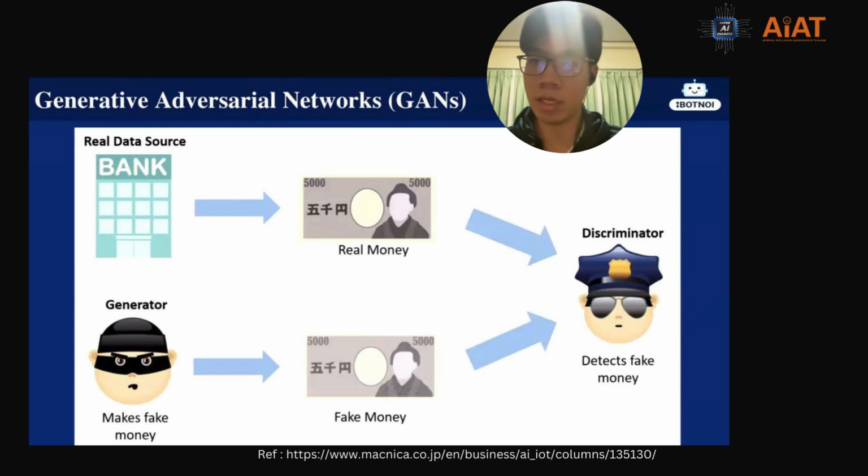To understand the system more easily, I'll explain with this picture. This system consists of two main components: the generator, which is responsible for generating fake samples, and we're going to compare it to a forger; and the discriminator, which is responsible for detecting the fake samples, and we're going to compare it to a policeman.